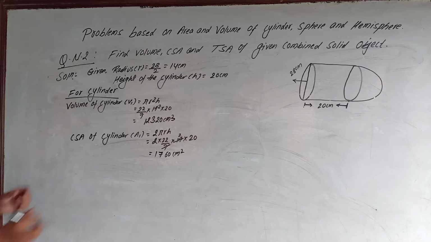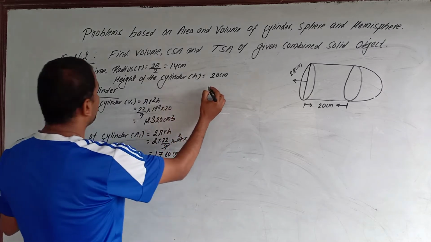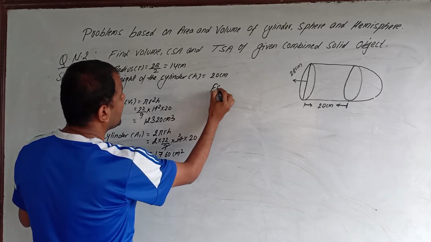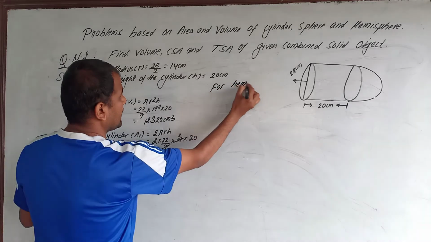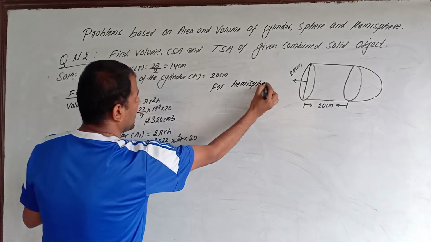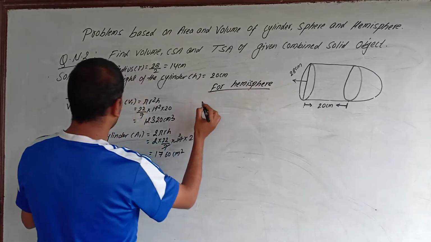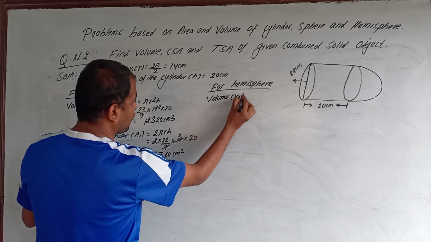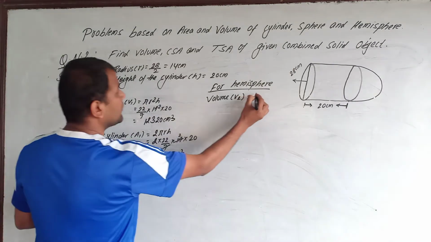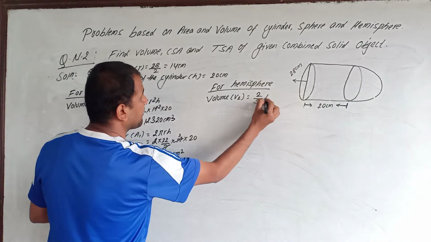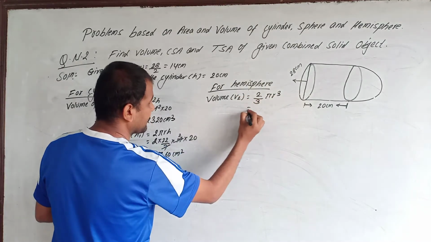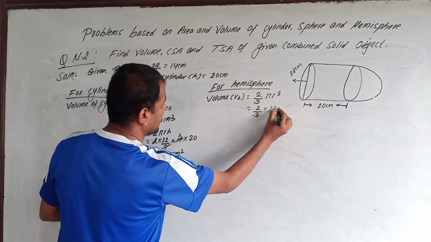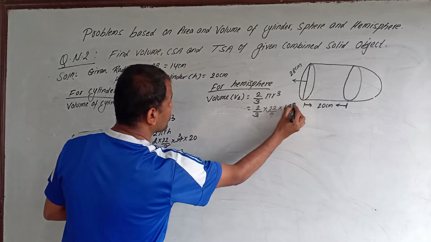So similarly, we find volume and CSA for the hemisphere, and we write here for hemisphere. Volume we denote by V2. Volume of hemisphere is 2 by 3 pi r cube. That is equal to 2 by 3 pi, means 22 by 7 into r, means 14 to the cube.